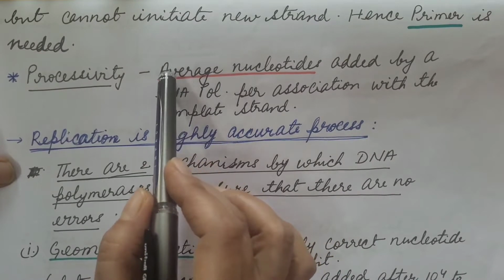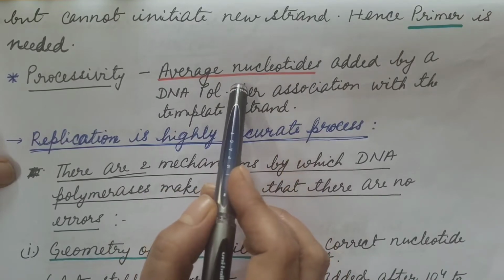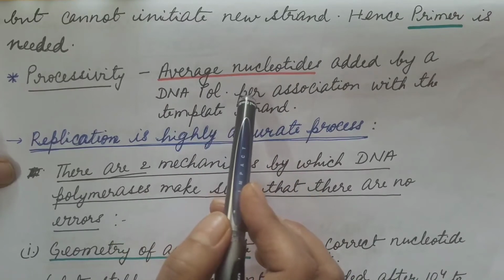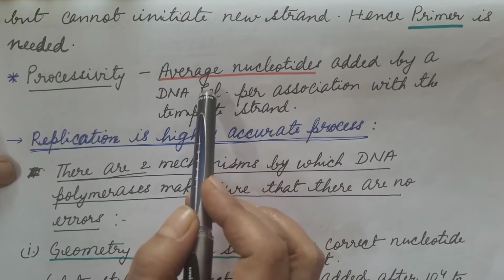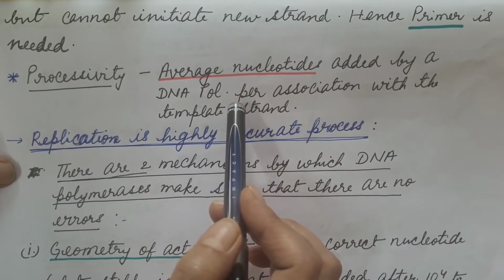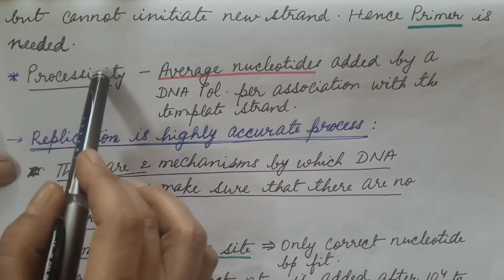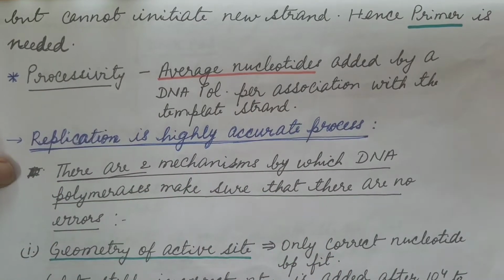The number of nucleotides, or the average nucleotides, that DNA polymerase adds in one association is known as the processivity of DNA polymerase.